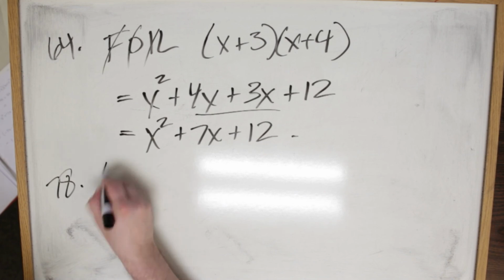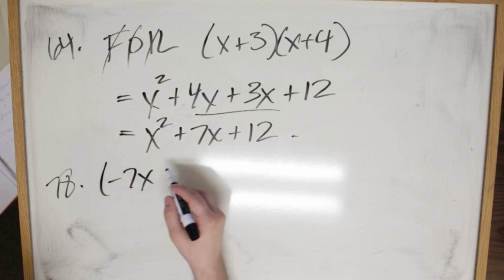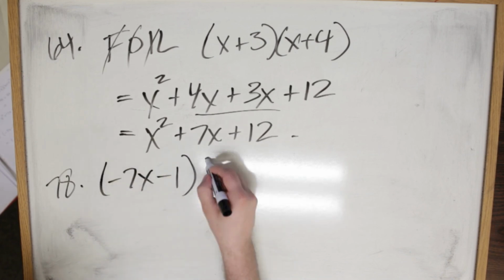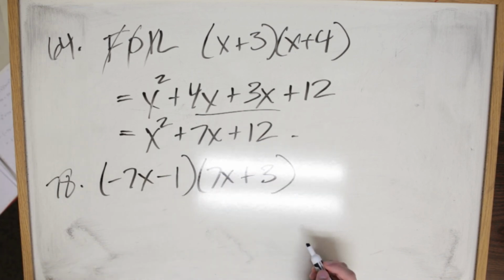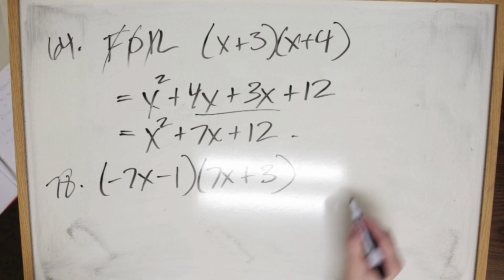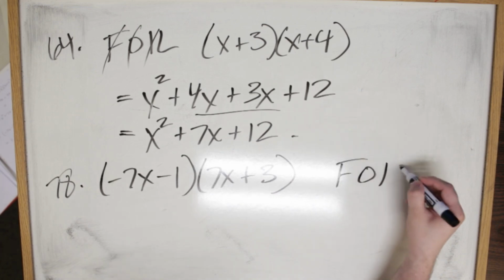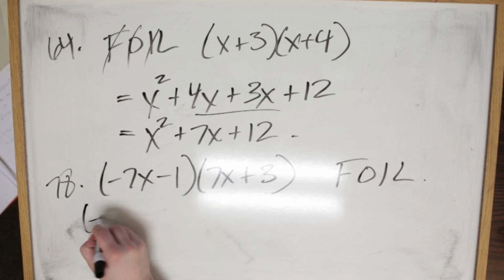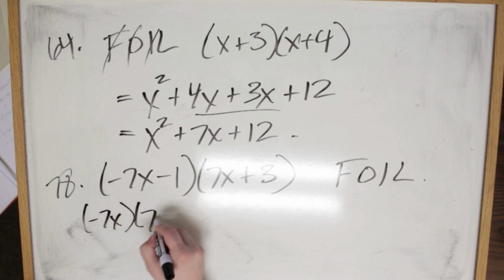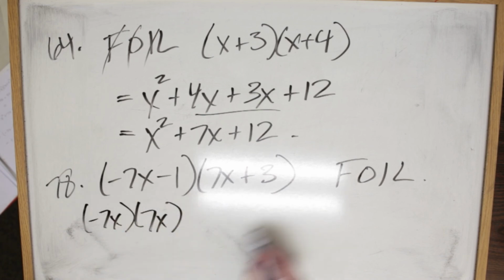Next: (-7x - 1)(7x + 3). Now again, let me write out FOIL and then we'll go piece by piece. First, outside, inside, last. First: minus 7x times 7x. Let me write it out so you can see it.